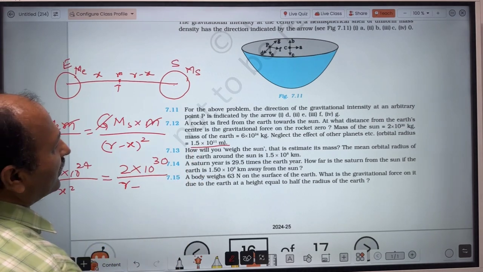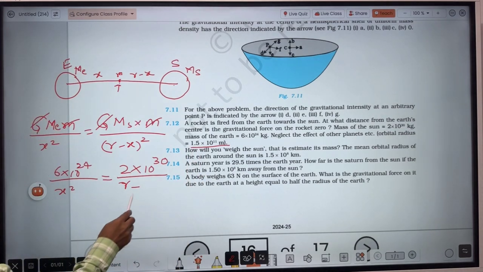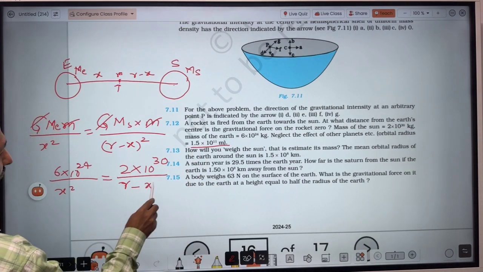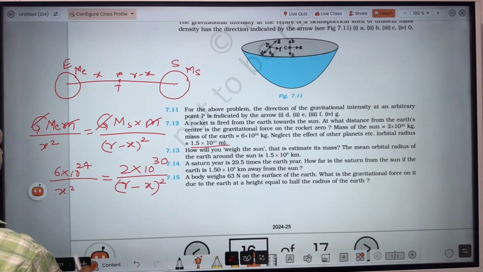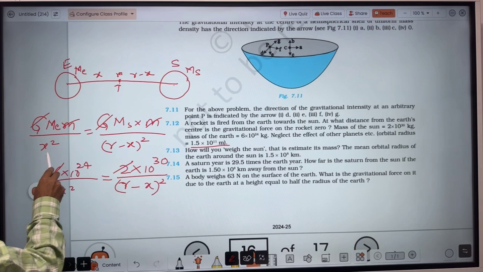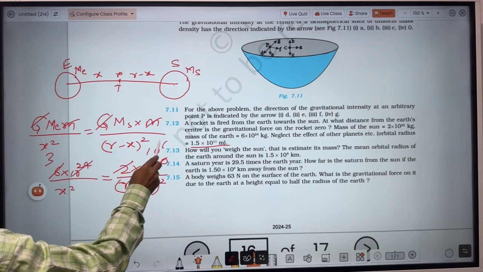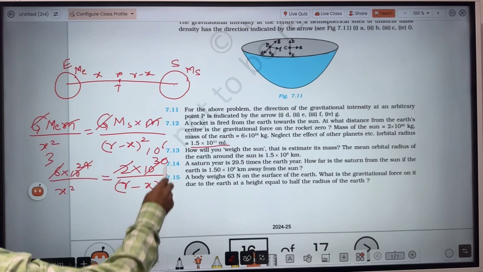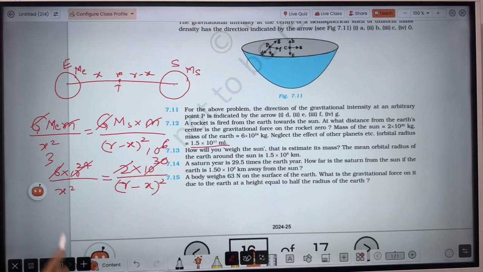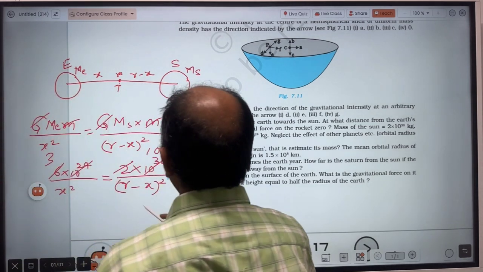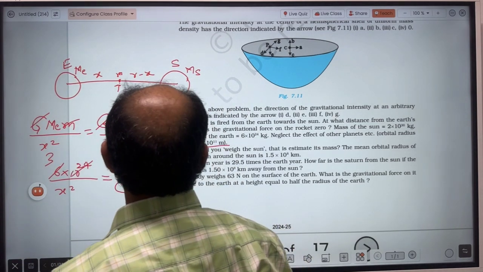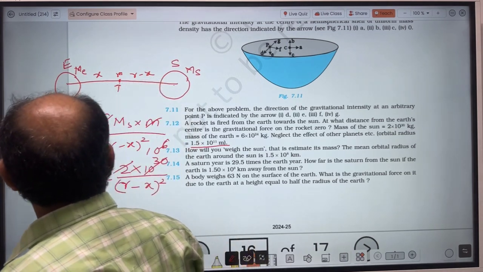You can take R as 1.5 into 10 to the power 11. So first write here x square, and in the next step we can write it. Here 2, 3, and here 10 power 24, so 10 power 6 will be left. Now keep in mind, unit of R and X must be the same, otherwise your subtraction will not be possible.